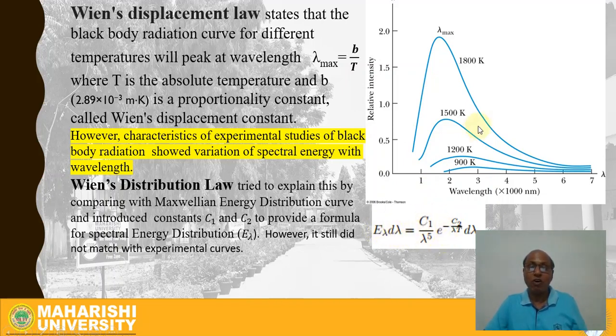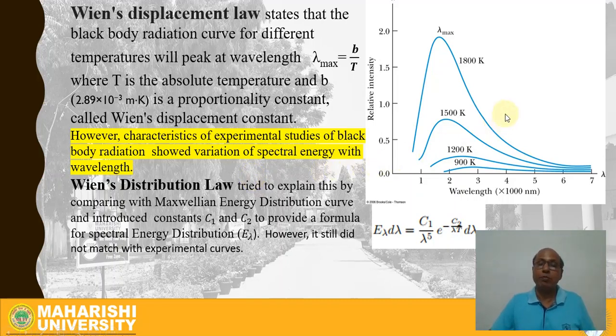But since he wanted to explain the variation of this spectral intensity with respect to lambda, he introduced this exponential term. But it was found that Wien's distribution law follows the experimental curves at lower wavelengths, but it does not follow at higher wavelengths correctly. So there was a flaw in Wien's distribution law, right?